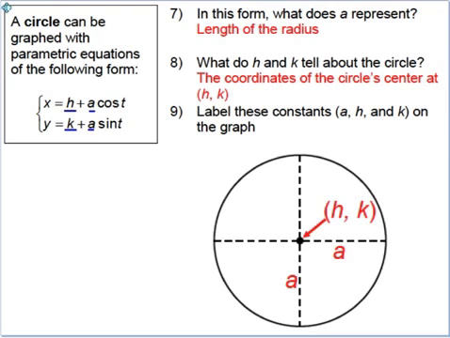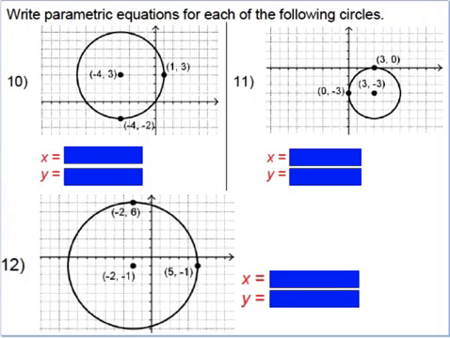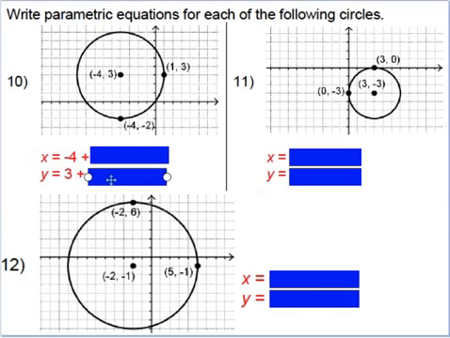Okay, so what happens if you have a circle but you don't have a formula? How can you create the formula? Well, my x value here is -4, so I'm going to add -4 to the equation. My y value here is 3, so I'm going to add 3 to the equation. And then I'm just going to count the tick marks. So 1, 2, 3, 4, 5.